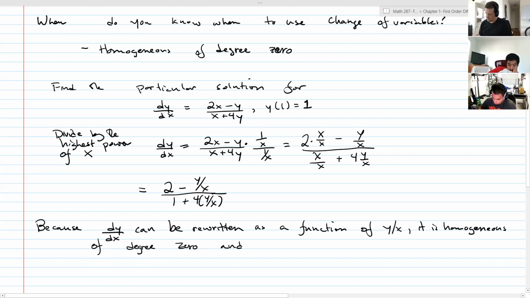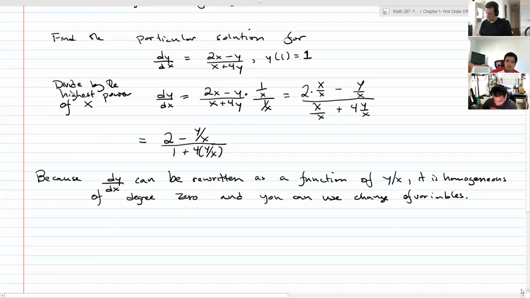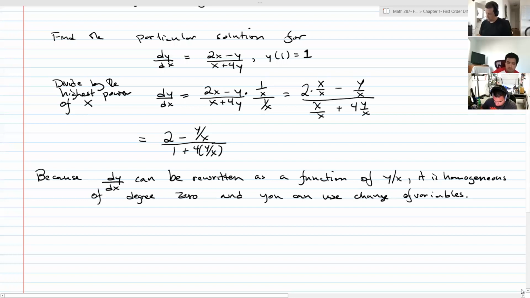And you can use change of variables, so that allows us to actually do that. That's our requirement, and you're going to see why in just a moment, because we're literally going to change our variables. We're going to do a substitution here.